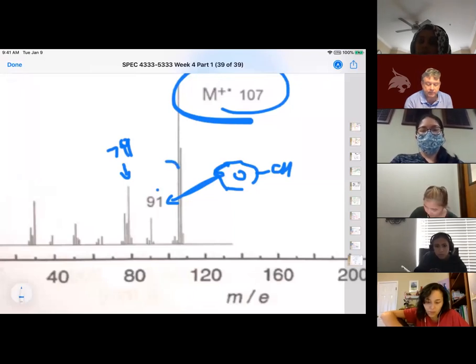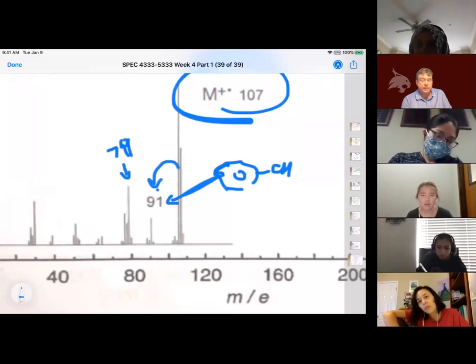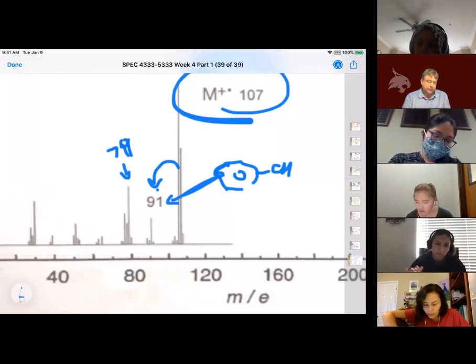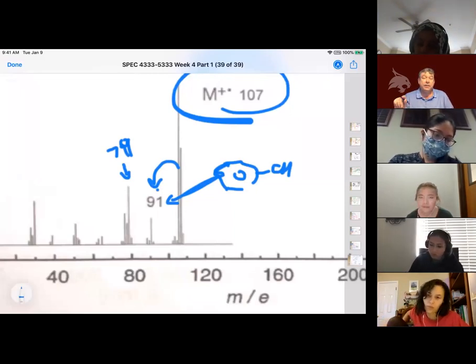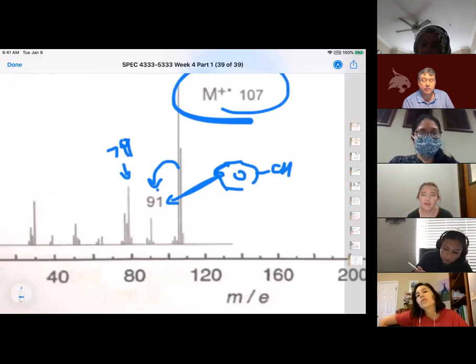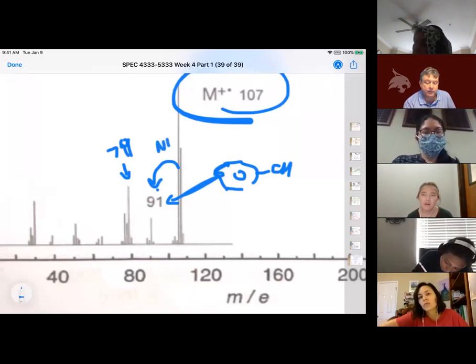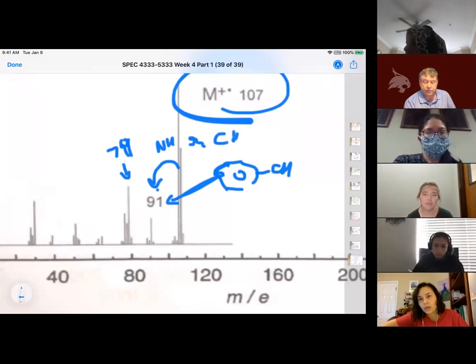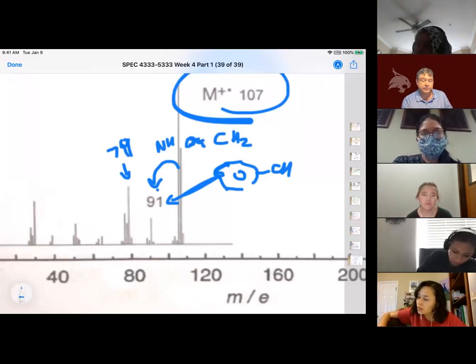So loss of this to this is 91 to 107. So 107 minus 91 is equal to 16. Nitrogen is 14 and a hydrogen is 1. So that's the loss of NH2 or CH4. So that could be either of these in that loss.